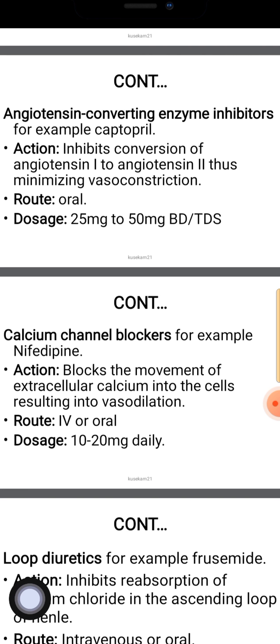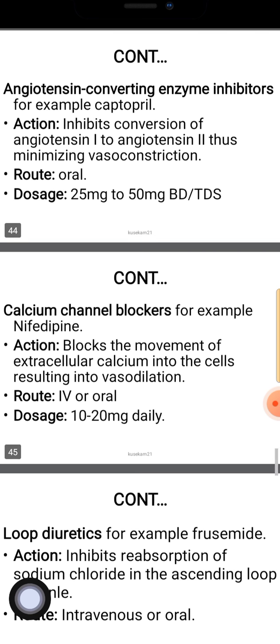The action here: it inhibits conversion of angiotensin 1 to angiotensin 2, thus minimizing vasoconstriction. So there won't be vasoconstriction, and this will promote what? Normal blood pressure. Route: oral, dosage 25 to 50 milligrams BD or TDS.